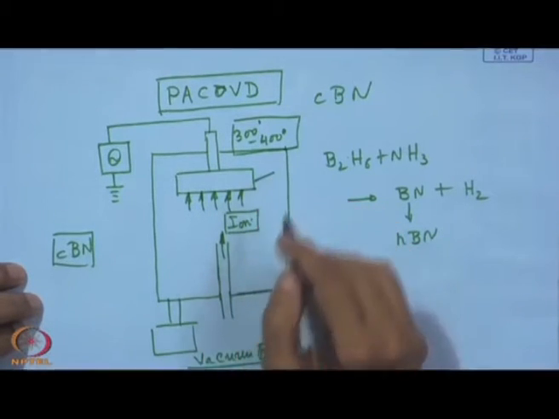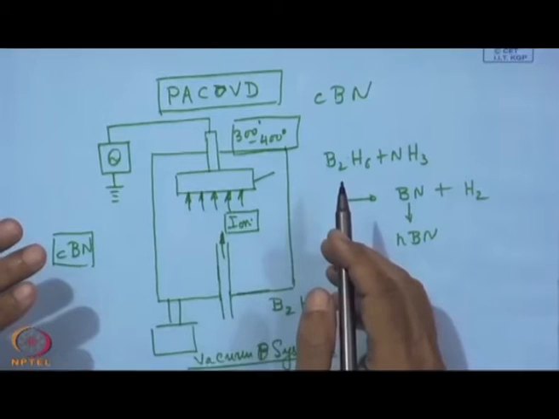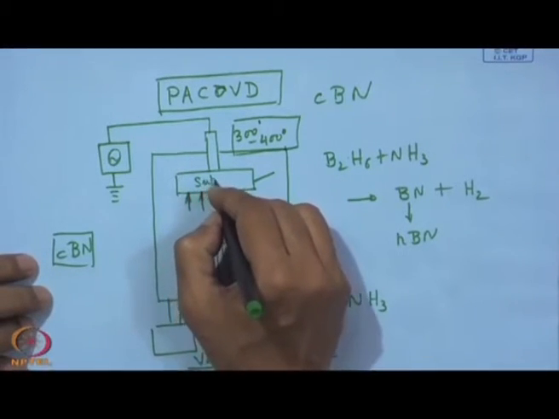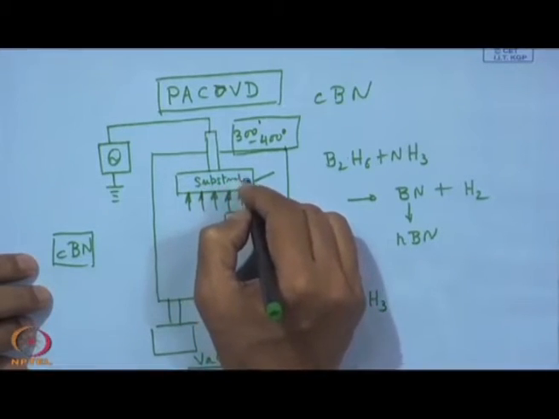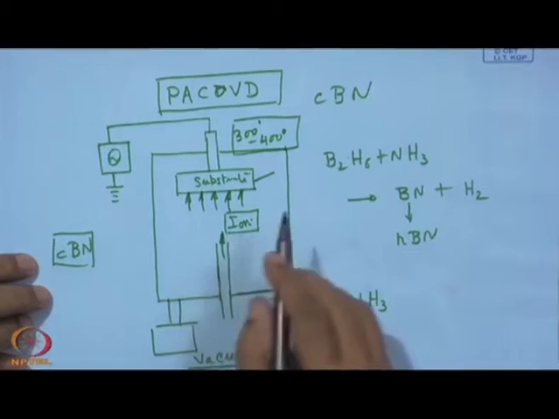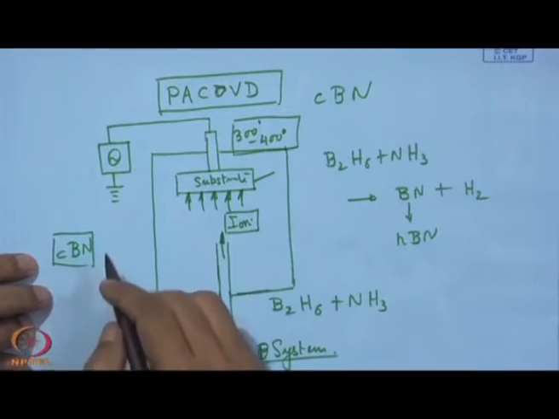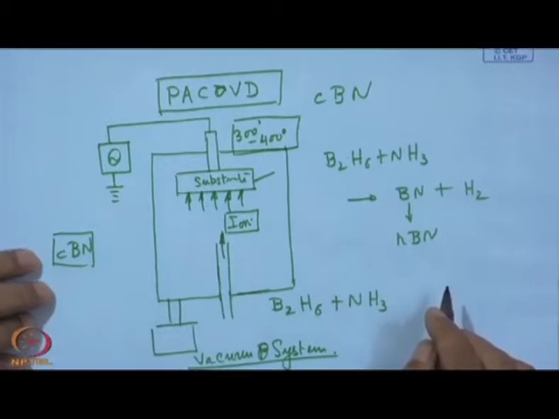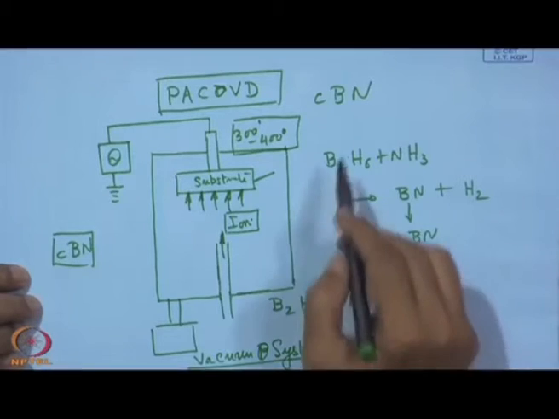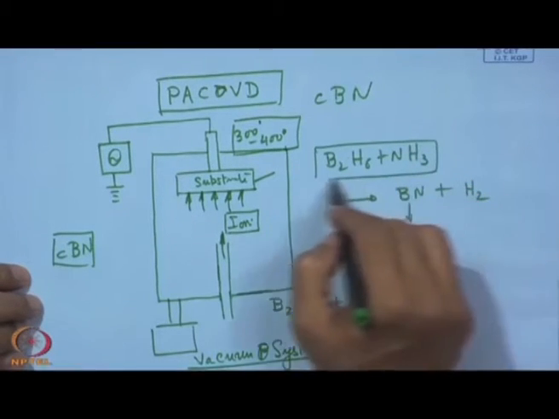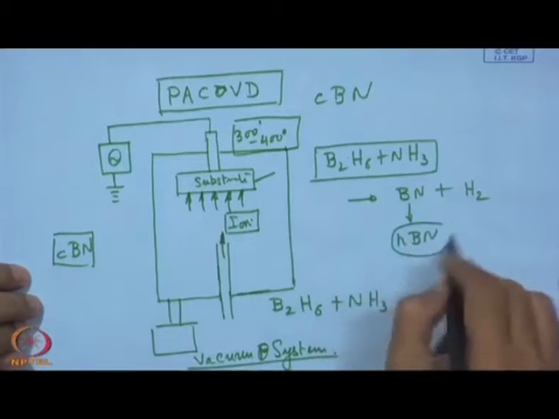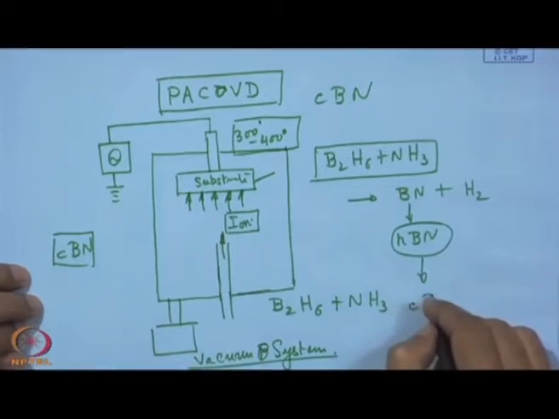This is just like a biased substrate, and this biased substrate will be impinged by ions, and that is why we can have a change in structure to CBN. So, here it is unlike all PVD. We use this CVD reaction followed by ion bombardment on the substrate surface, converting it to CBN.